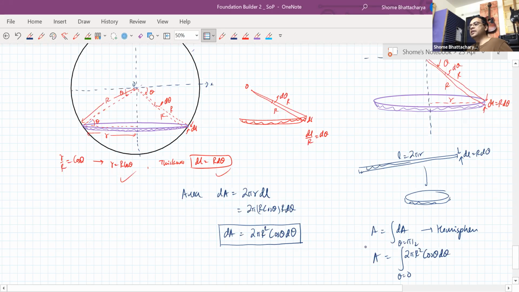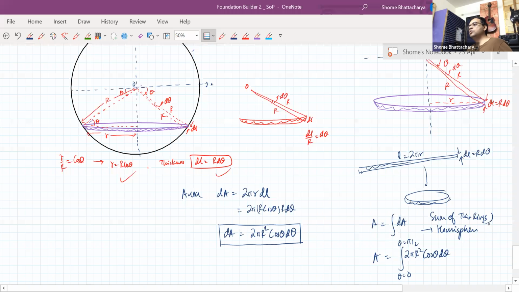So we are taking the hemisphere as the sum of thin rings.